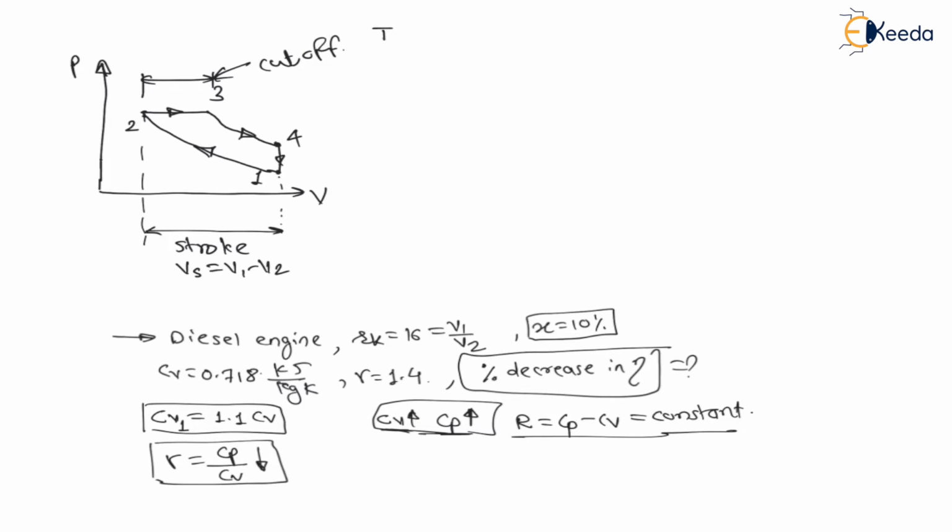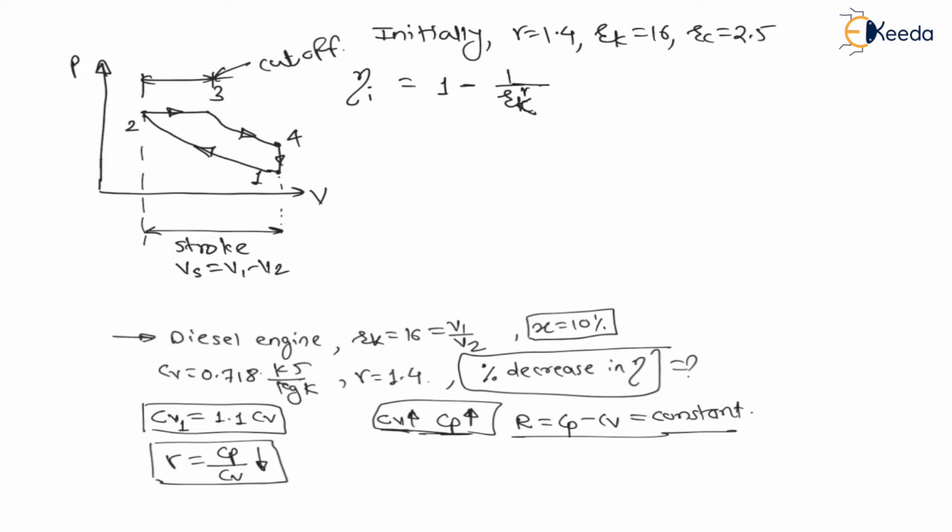Initially they have provided gamma is equal to 1.4, compression ratio is not going to change, 16, cutoff ratio is not going to change, 2.5. Now the initial efficiency, efficiency I, is equal to the efficiency formula for the diesel cycle, in terms of compression ratio, cutoff ratio and adiabatic index gamma.